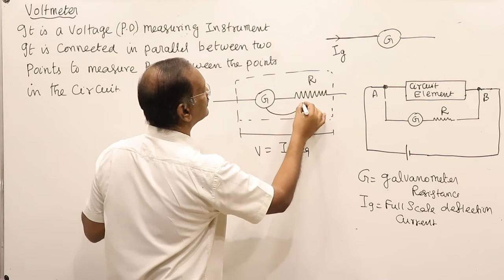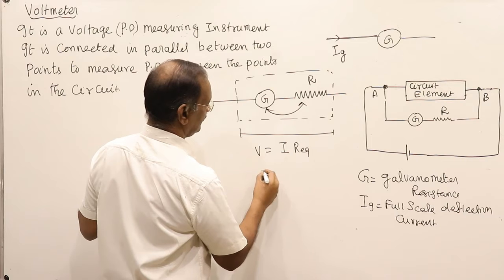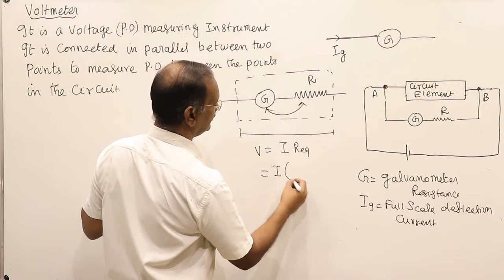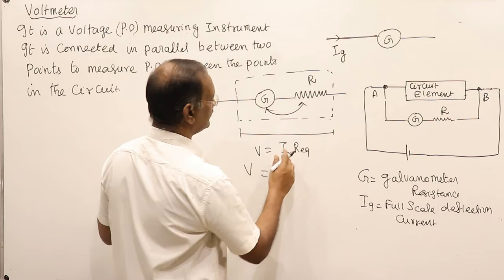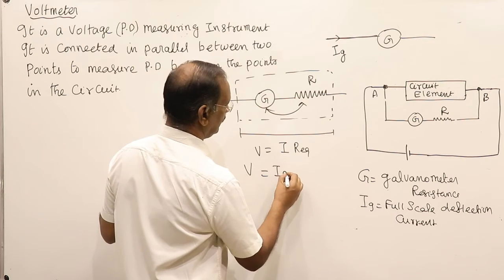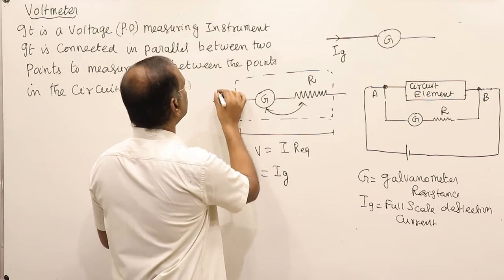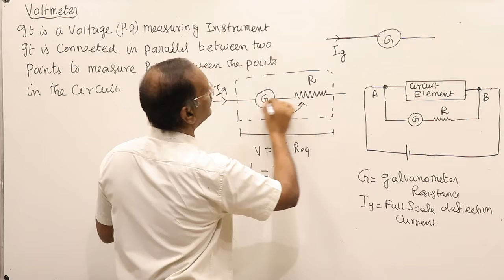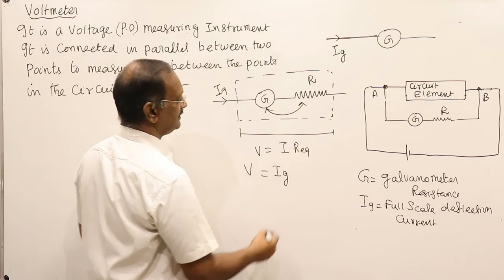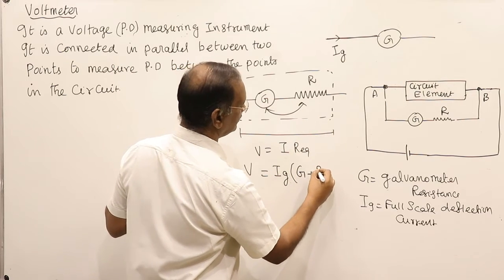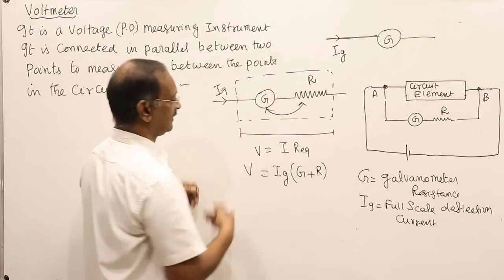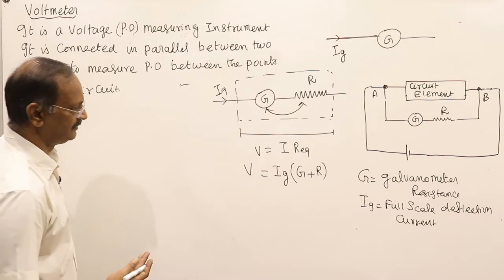Because there are two resistances. Here I means the current flowing through the galvanometer, Ig. So V is Ig into R equivalent, which is the galvanometer resistance plus the high resistance which we connected in series.